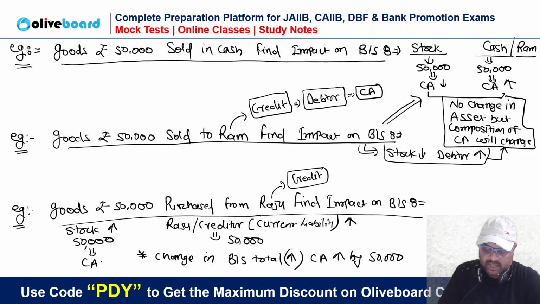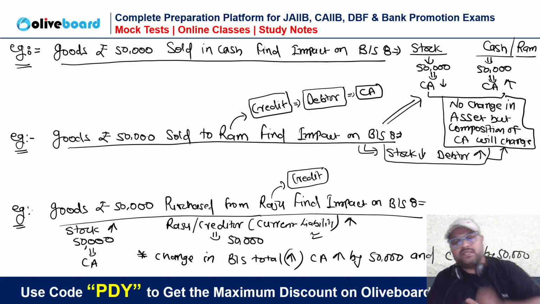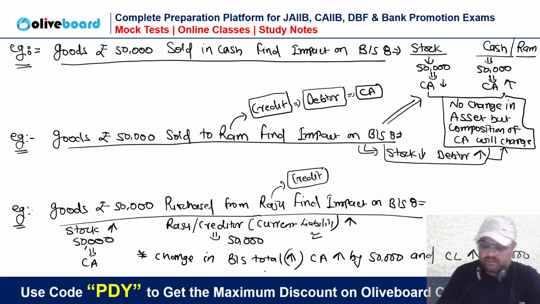Stock is a current asset. And current liability also increased by 50,000 because of Raju. So that will be the answer, that there is a change in the total of the balance sheet by rupees 50,000.